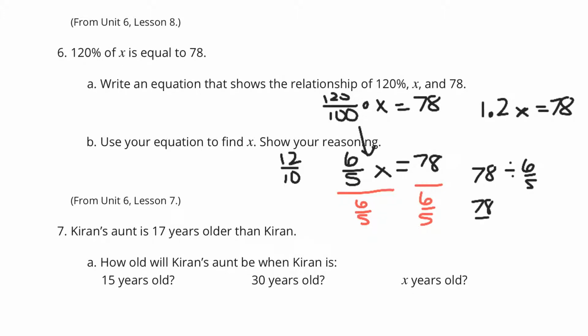If I keep my 78, change my division to multiplication, and take the reciprocal, flip there, I can take 78 and divide it by 6 to simplify. That becomes a 1 down there and a 13 up here. And 13 times 5 is 65. So x equals 65.